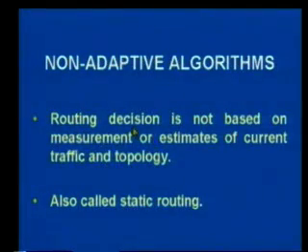What exactly do we say non-adaptive algorithm is? Here is the definition for you. The routing decision is not based on measurement or estimates of the current traffic and topology, also called static routing.